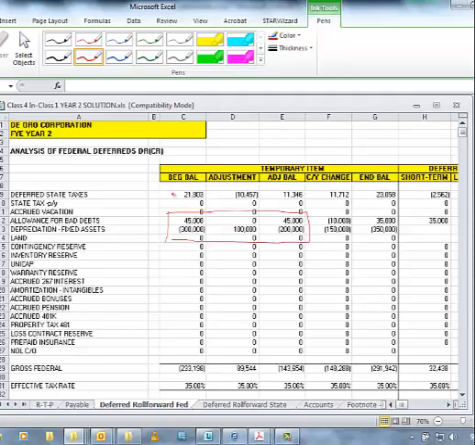I thought that the state guys were going to have a DTL of 21,803, which meant if they had a DTL of 21,803, I would get a federal deduction in the future of 21,803. We just did our state deferred true-up and we decided, no, there's only an 11,000 DTL. So that means in the future my federal deduction is only going to be 11,000. Right? So that means I got to push this through.